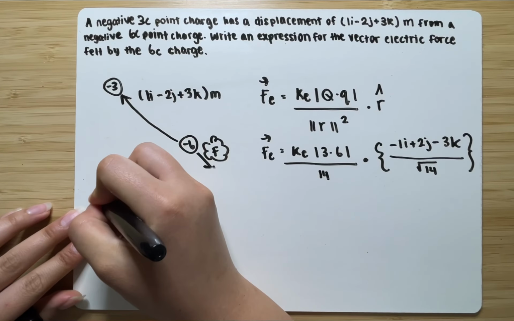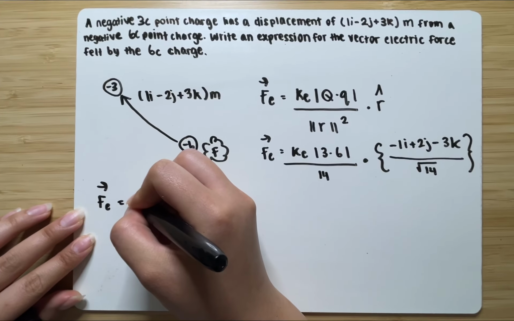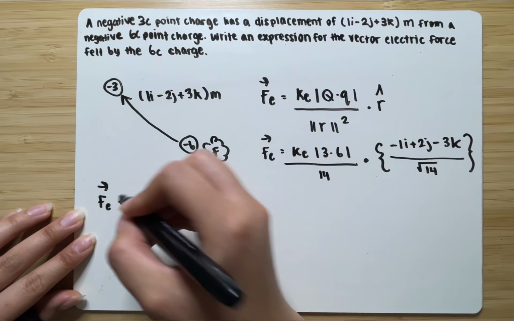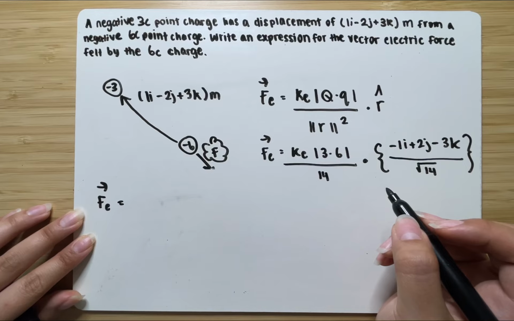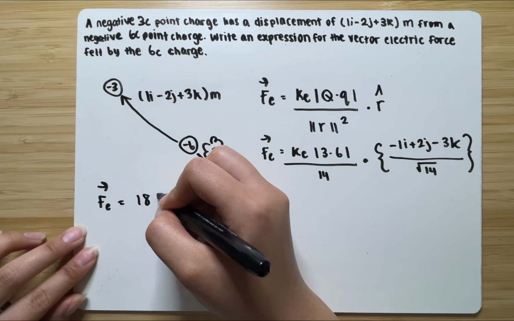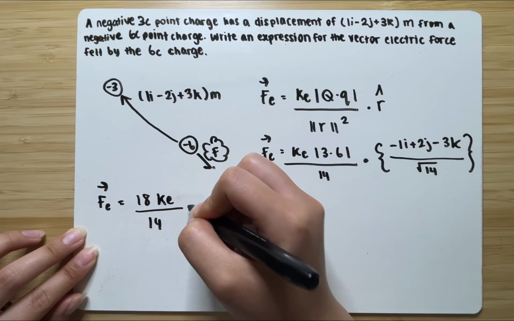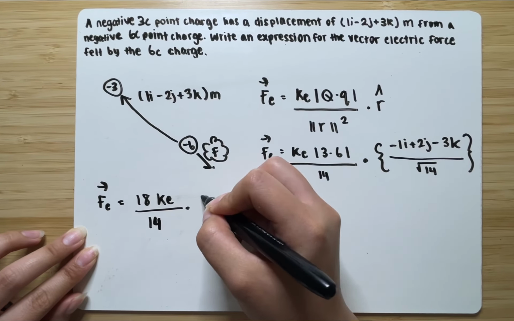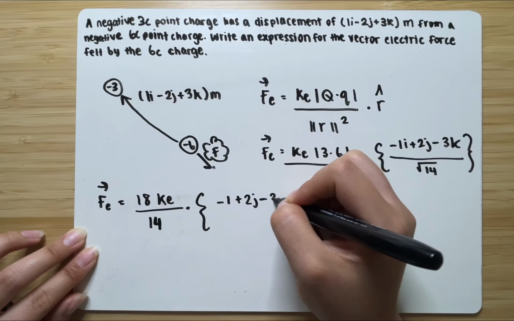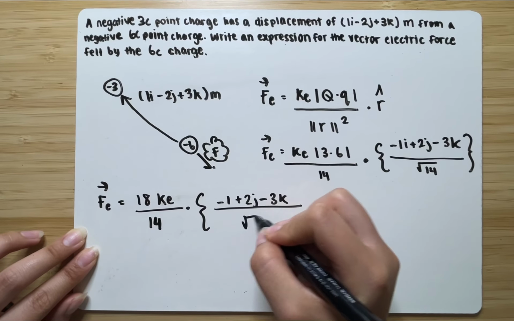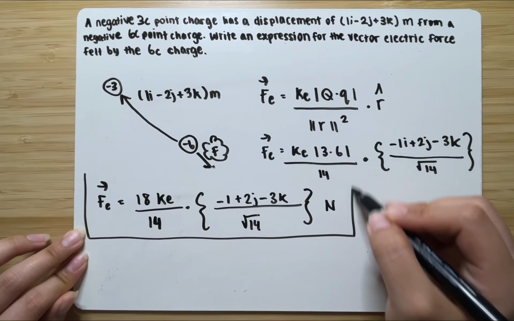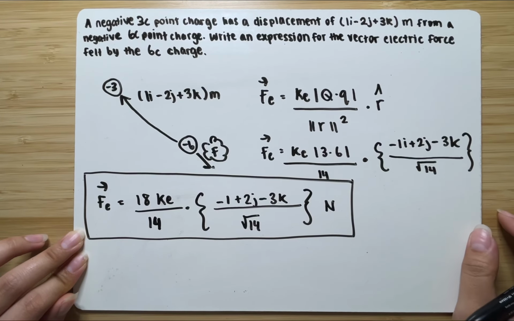So you have the electric force equal to 3 times 6 is 18, so we have 18 k_e over 14 multiplied by negative 1i plus 2j minus 3k over the square root of 14. And the unit will be in newtons, so this would be your answer.